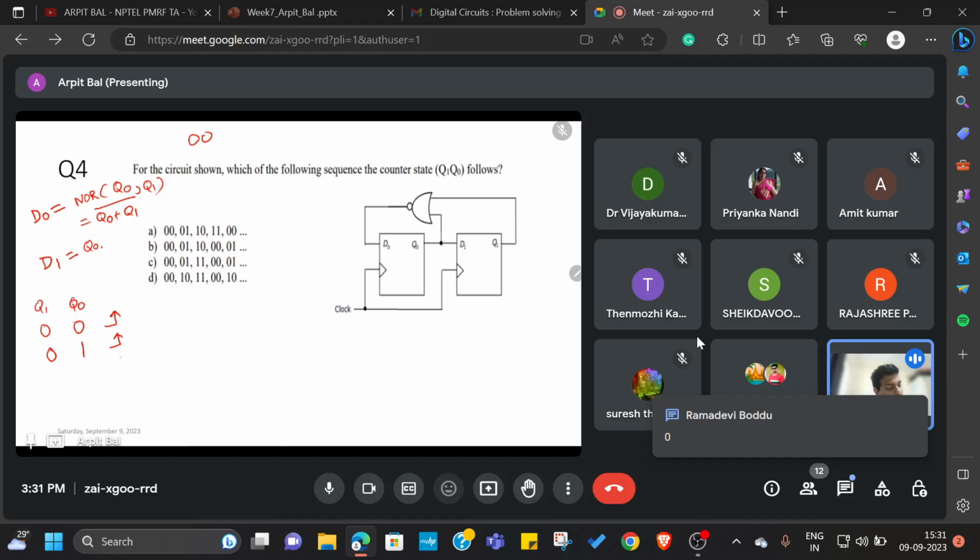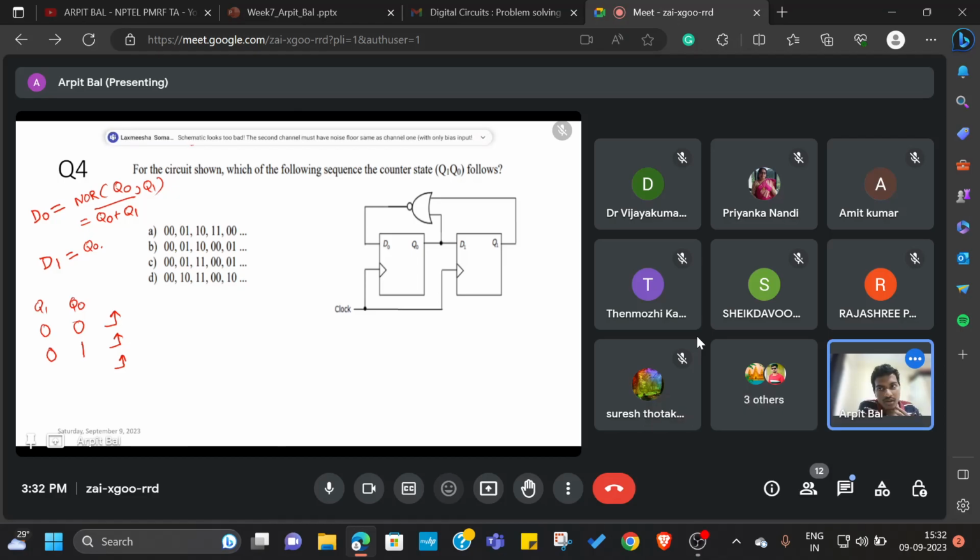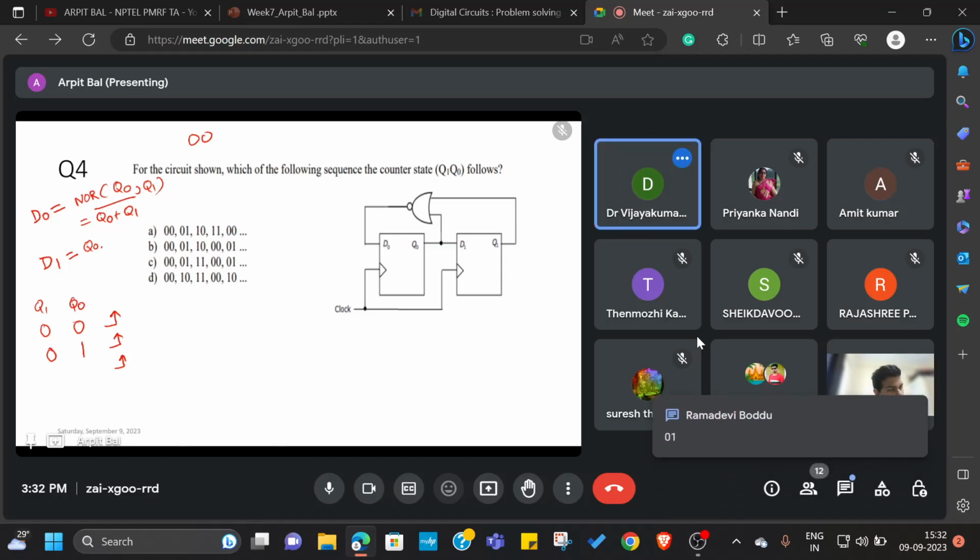What is going to happen in the next clock? Can anyone tell me the combined value of Q1 and Q0 for this option? The third clock, 1 1. Does everyone agree to this answer, 1 1? It is supposed to be Q1 Q0 equal to 1 0 then.